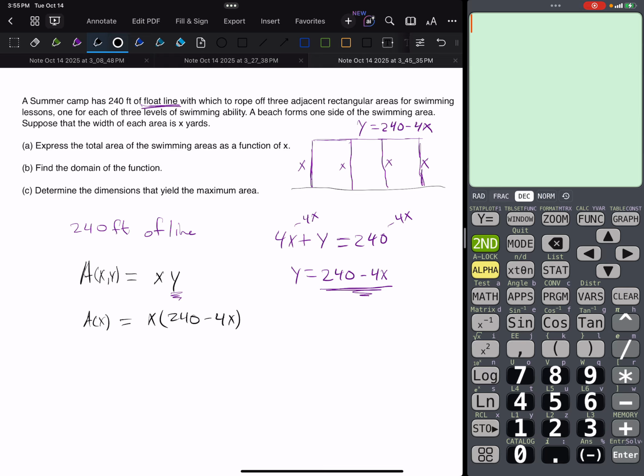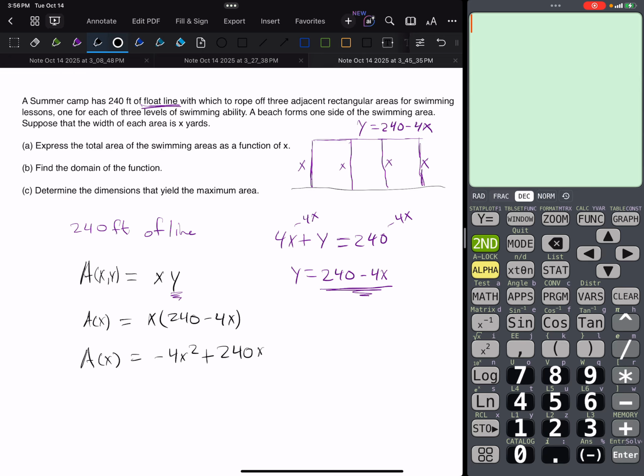For the moment, let's distribute that, just because I think we're going to be a little more familiar with the type of function when we distribute that. That's going to be minus 4x squared plus 240x. It's going to look a lot more like a quadratic, right? And a quadratic, I know the basic shape of a quadratic is a bowl, but this has a negative sign in front of the bowl, so all of my y values that went up here, well, they're going to go down because they're negative.